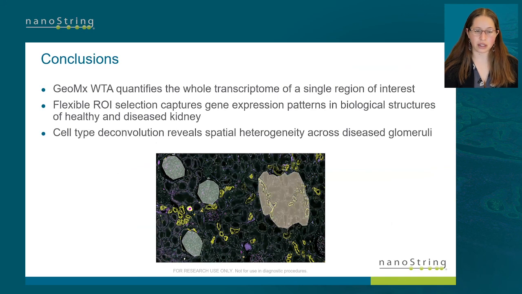And we used this tool to study gene expression patterns in specific biological structures of healthy and diseased kidneys, and to look at spatial heterogeneity within a sample across diseased glomeruli. And I'd also like to add that this kidney data set is publicly available for researchers to explore, and you can download the gene expression data and the images from the Nanostring website.